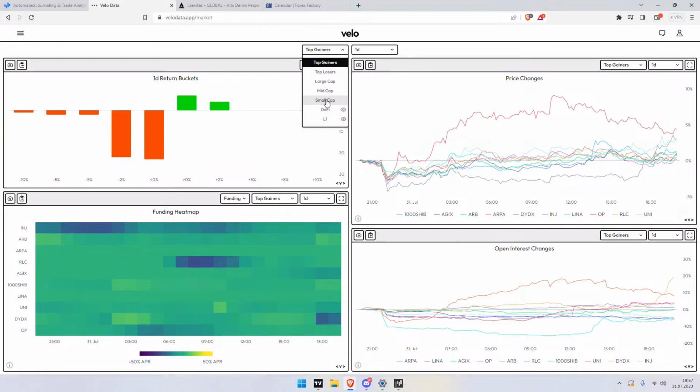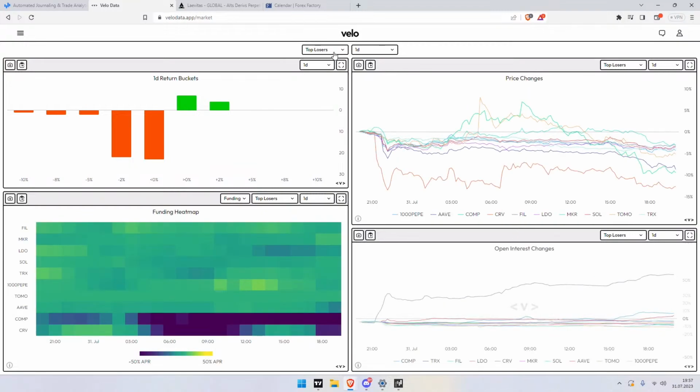You have DeFi, layer 1, small cap, mid cap, large cap, and you have the open interest spaghetti here as well. So that's kind of nice. And you have the funding heat maps here as well. So this is kind of an eased up version. For example, I took a nice trade on Sunday because I was looking at the biggest losers with the open interest change.